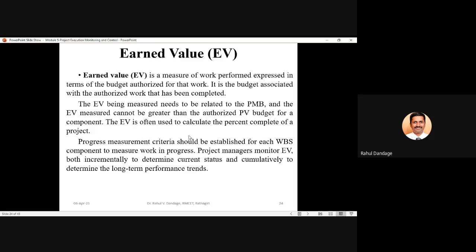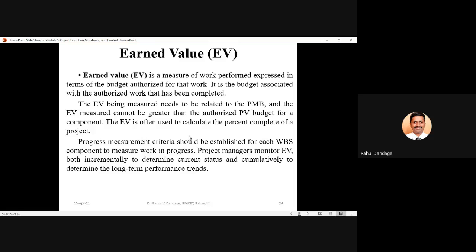So EV and PV are the two terminologies. When I say planned value, it is the authorized budget for a particular component. And when I say EV, it is the budget authorized for the work which is performed. So the earned value which is measured should not be more than the authorized planned value which is budgeted for that particular component of work or activity.